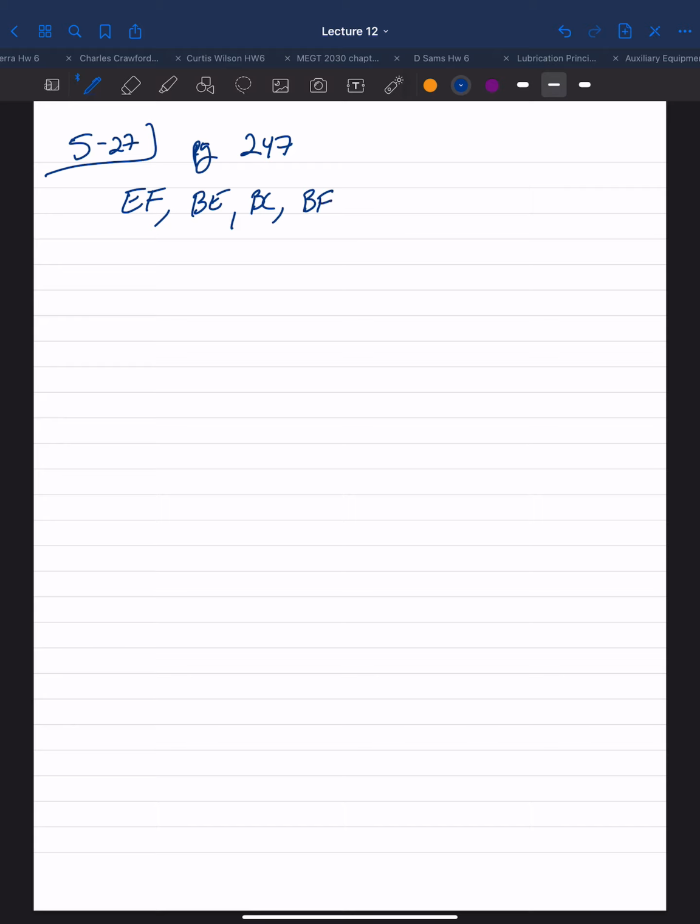So it's 4 members they wanted to find the force in. And they gave you P1, 9 kilonewtons. P2 is 12 kilonewtons. P3 is 6 kilonewtons. Okay.